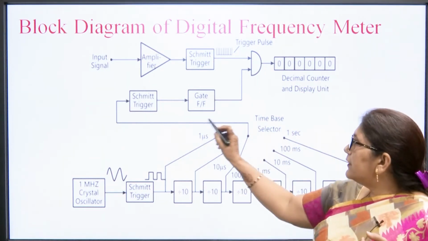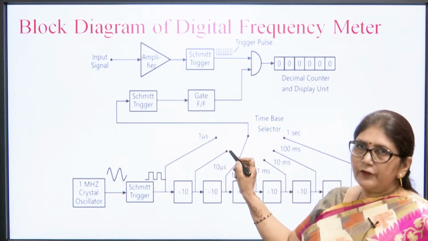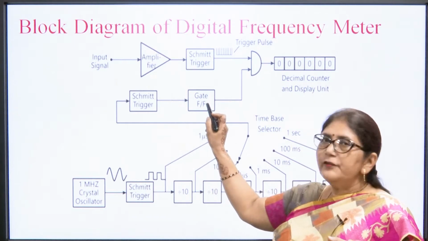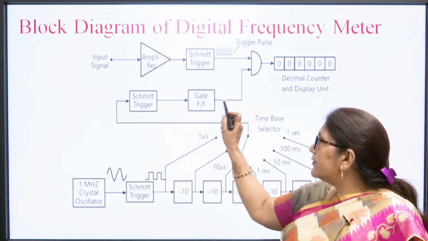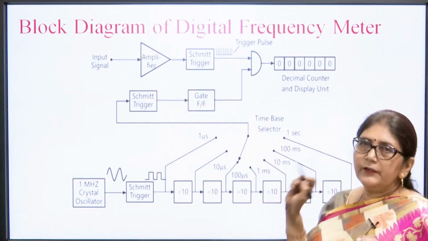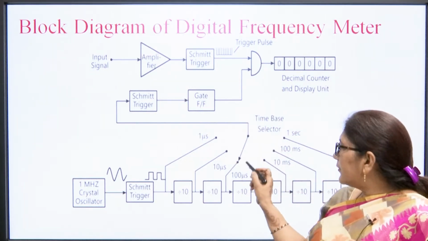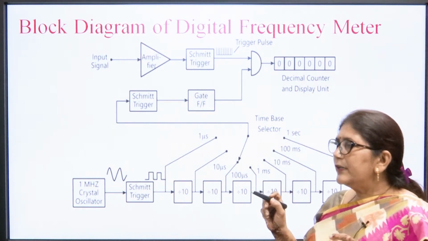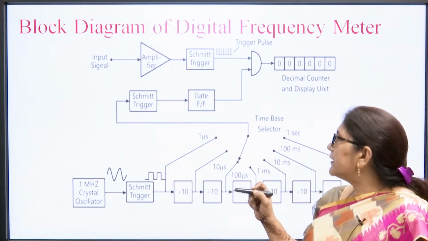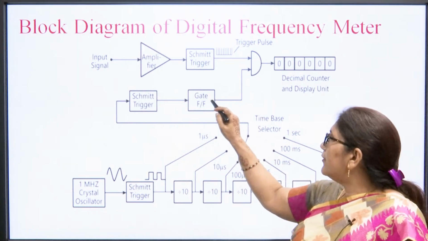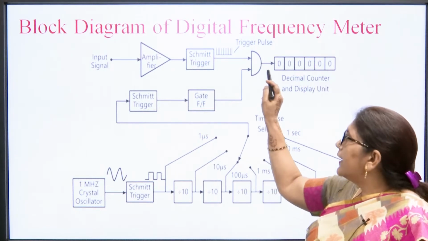It means when the leading edge of this waveform appears, this gate is on and sends a high input to the AND gate. And when the trailing edge of this square waveform appears, this will switch off the gate, and so there is no signal at the AND gate.